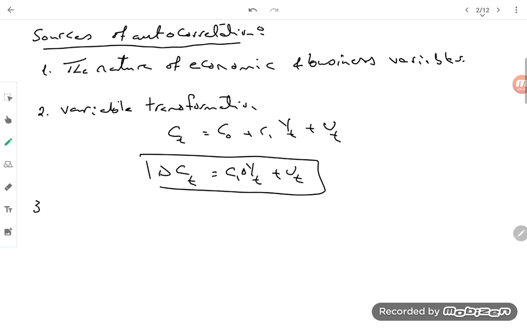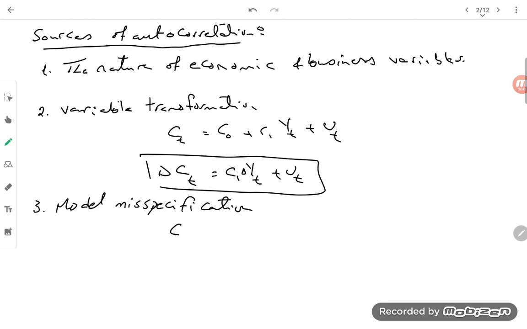Number 3, model misspecification. Say for example, that the model is a non-linear model.